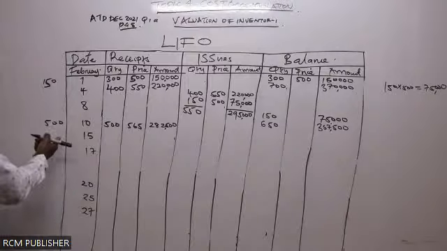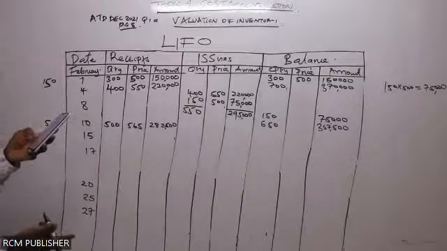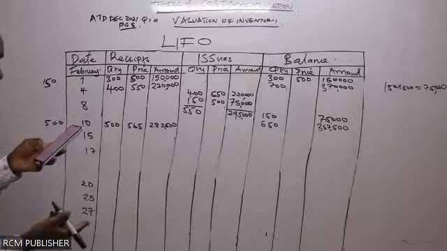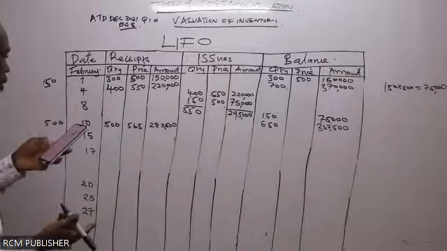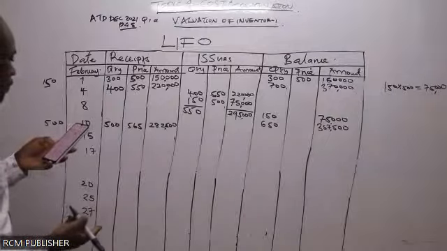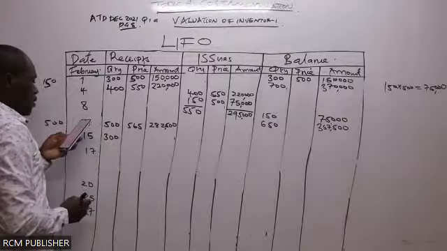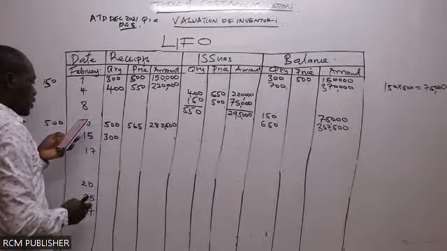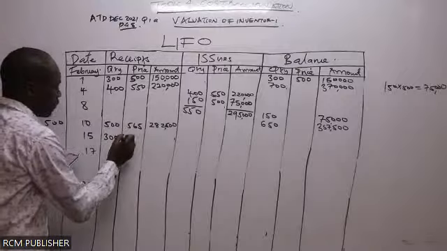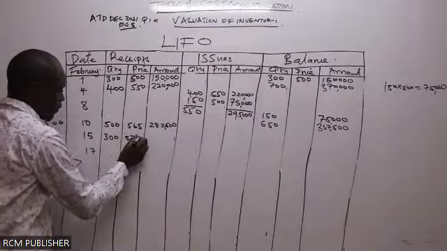Now, from that date, we move to the 15th. What happened on the 15th? They received goods, 300 units. At what price? 575.